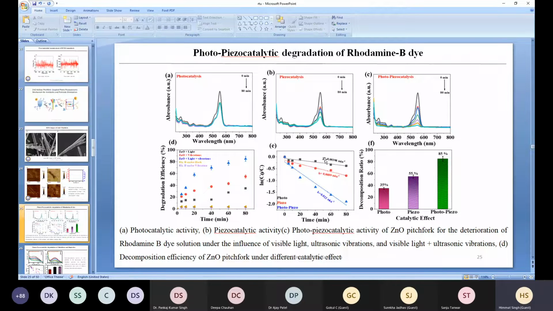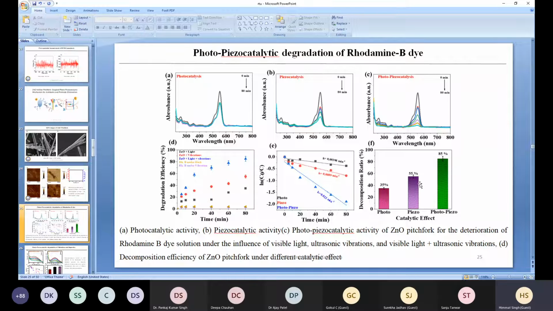And these are the kinetic order curves, and you can see the kinetic rate constant is high for the photopiezocatalytic process, and the percentage degradation of up to 35% only is achieved by the photocatalytic process.